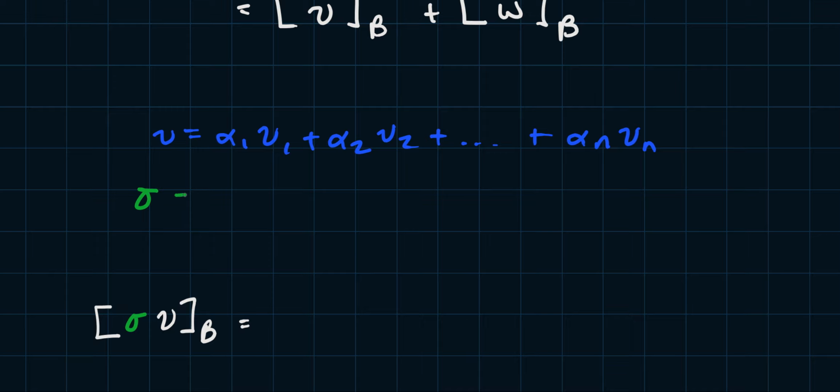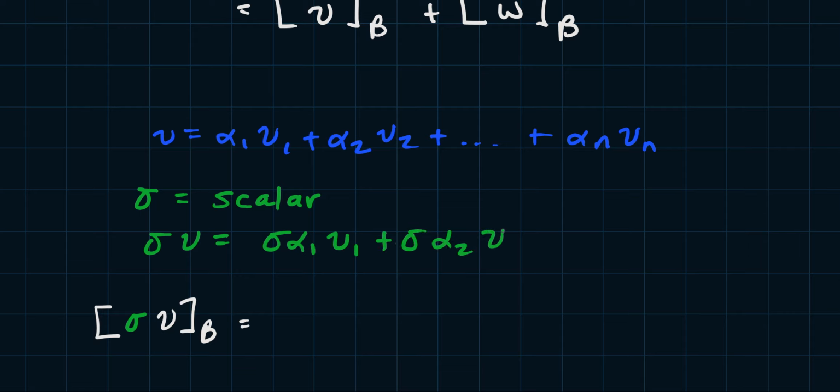Sigma is just another letter for a scalar. So sigma times v, well, that's going to be sigma times alpha 1 v1 plus sigma times alpha 2 v2. This is just the properties of vector spaces, right? Remember, if we have sigma outside a sum of vectors, because it's a vector space, it distributes to everything inside.